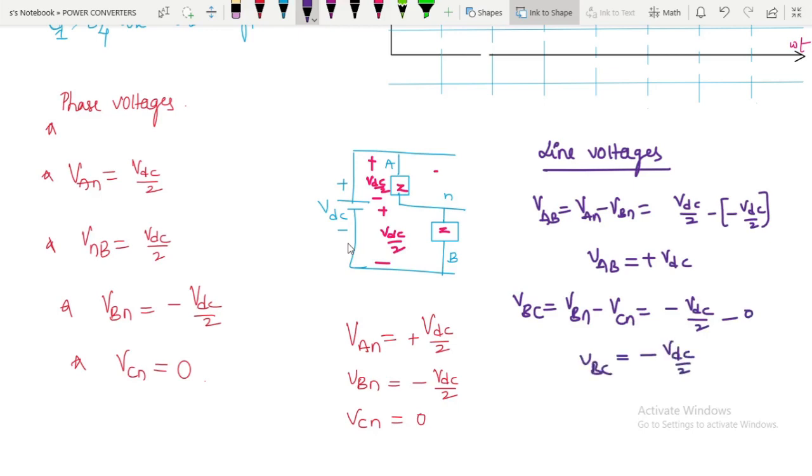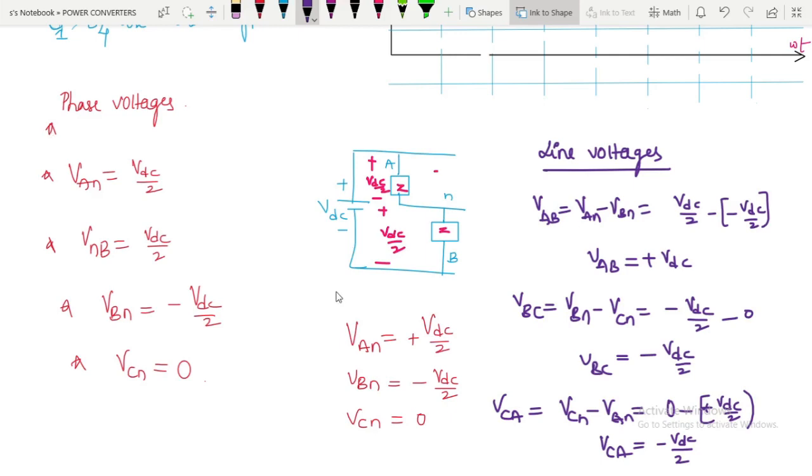And the final line voltage VCA is VCN minus VAN, which is 0 minus plus VDC by 2, that will be minus VDC by 2. So these are the behavior of phase and line voltage.